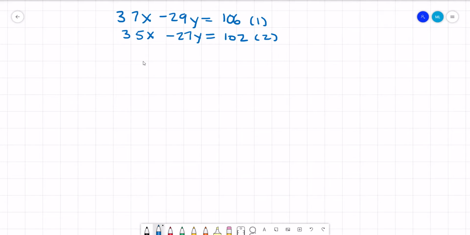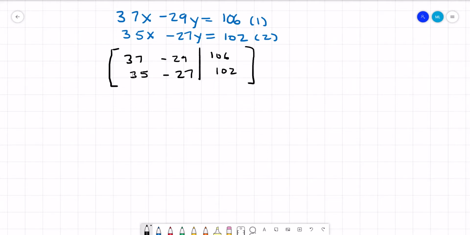If we augment the system, that will give us the starting point for the operation. So we have 37, negative 29, 106, and then 35, negative 27, 102.